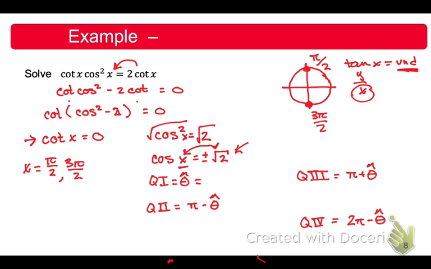Inverse is fine. So inverse of what? Inverse cosine. And then put square root of 2.